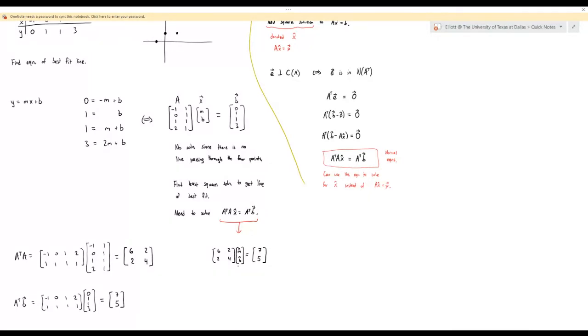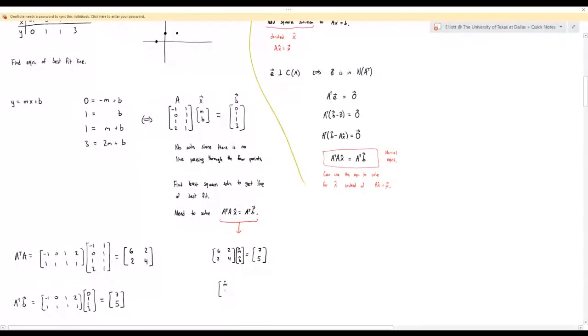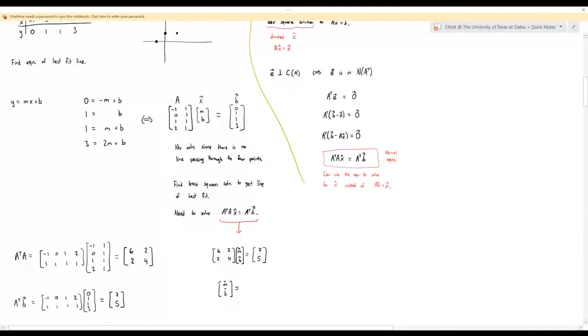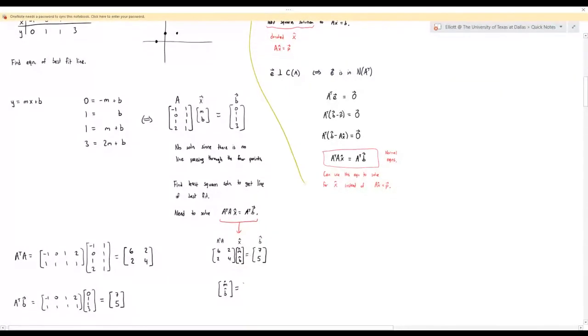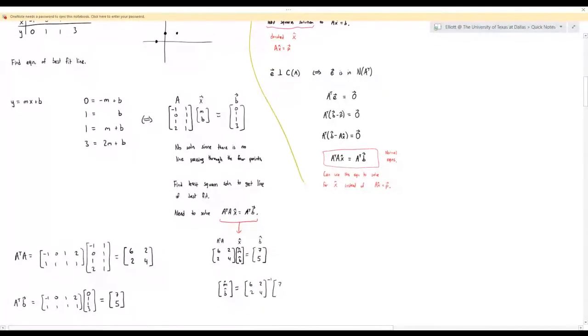It's a 2x2 system, so you could easily solve it by doing elimination. Since it's a 2x2 system though, I think what I'll do is compute x hat as being equal to the inverse of this matrix times 7, 5.